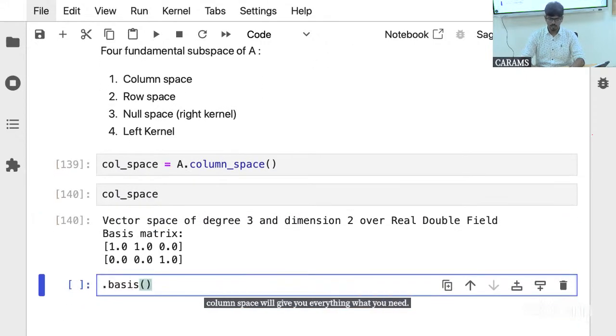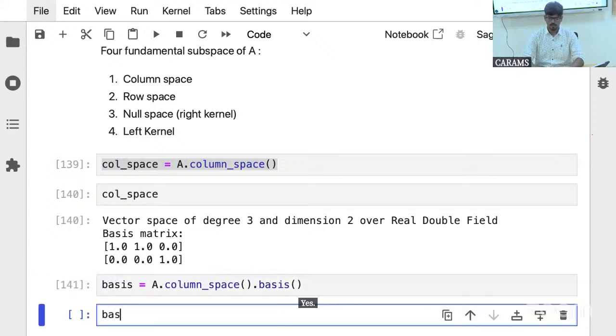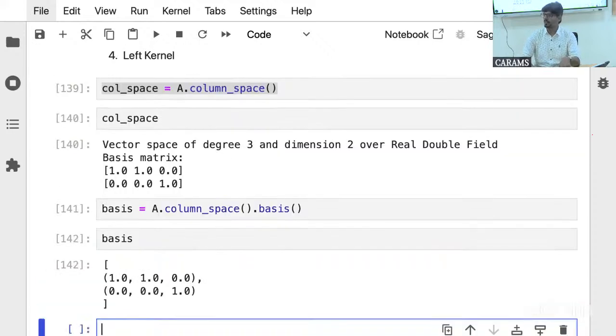But if I do basis instead, it gives me only the basis.